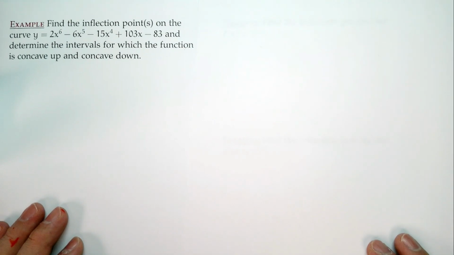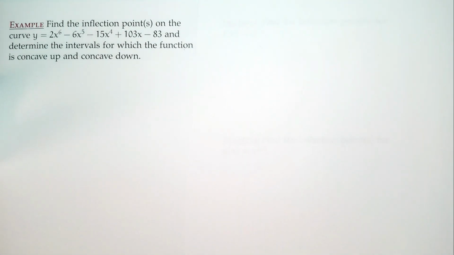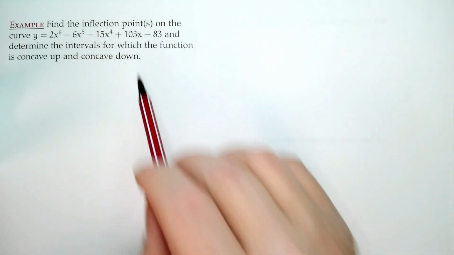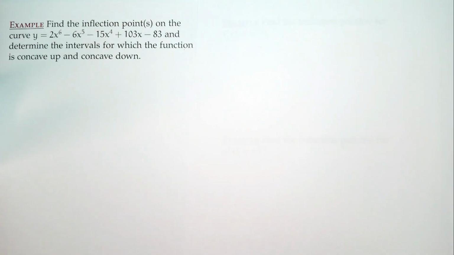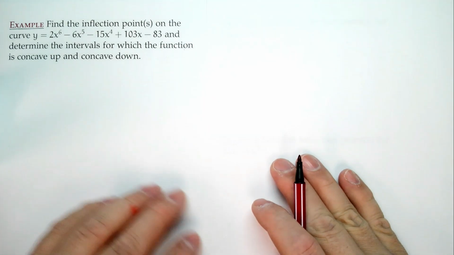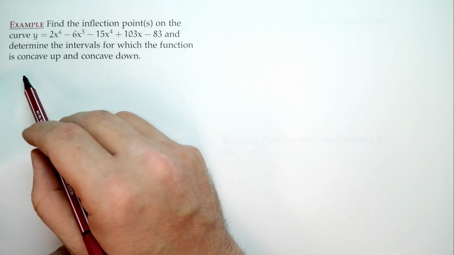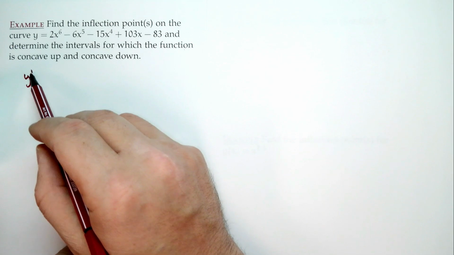Find the inflection points on the curve y equals 2x to the 6th minus 6x to the 5th minus 15x to the 4th plus 103x minus 83. Now we're like, 103, that's not looking too promising. But we continue, we persist, and we'll see what we get. So, take our first derivative, y prime.